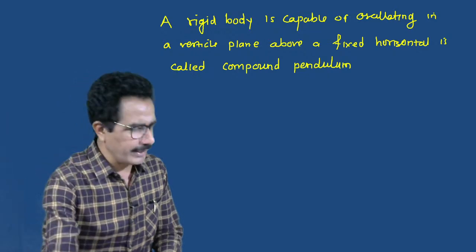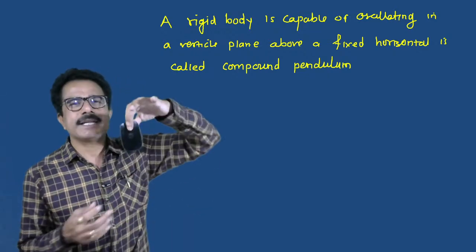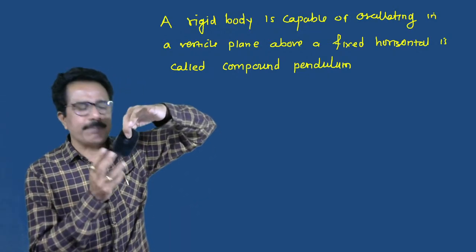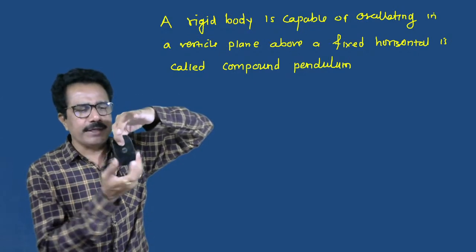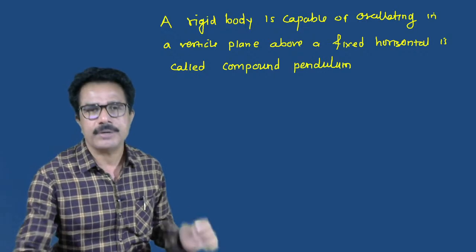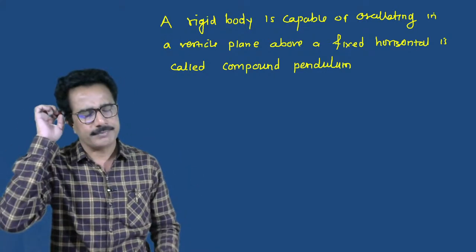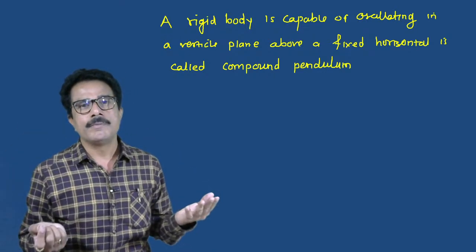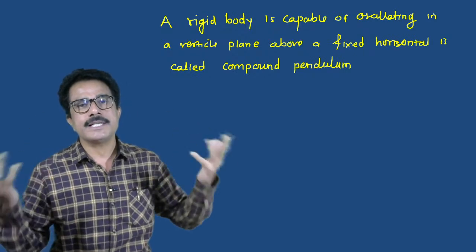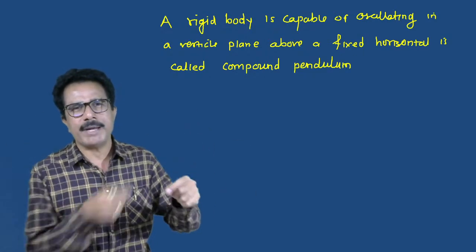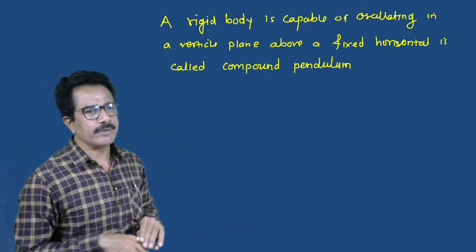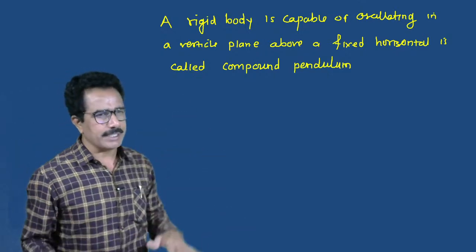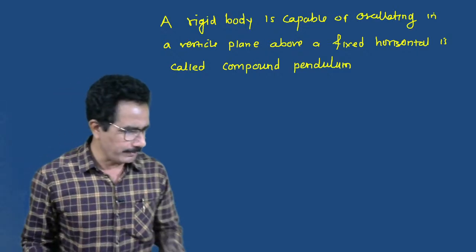Suppose any rigid body is capable of oscillating about some fixed point. Each and every point of that rigid body oscillates like a bob. So it has n particles that oscillate, so it is called a compound pendulum.